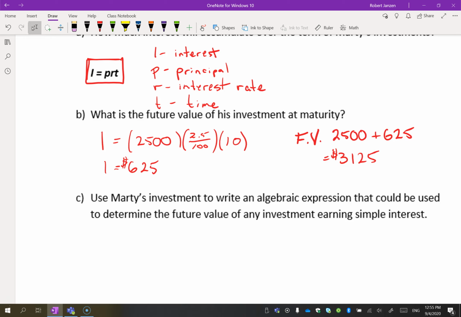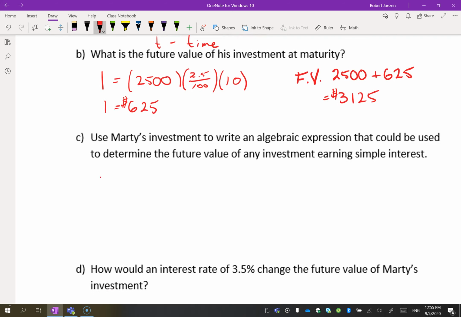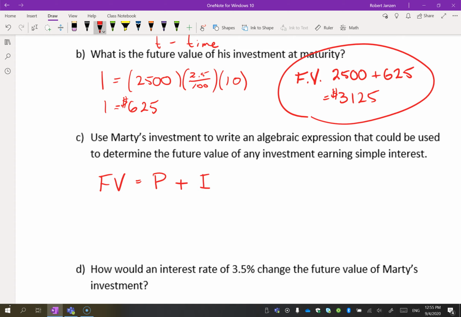Okay, use Marty's investment to write an algebraic expression that could be used to determine the future value of any investment. I don't think you're going to use a formula like this. I think you're going to do this, but we can write that out as a formula. What it is going to be is principal plus interest.